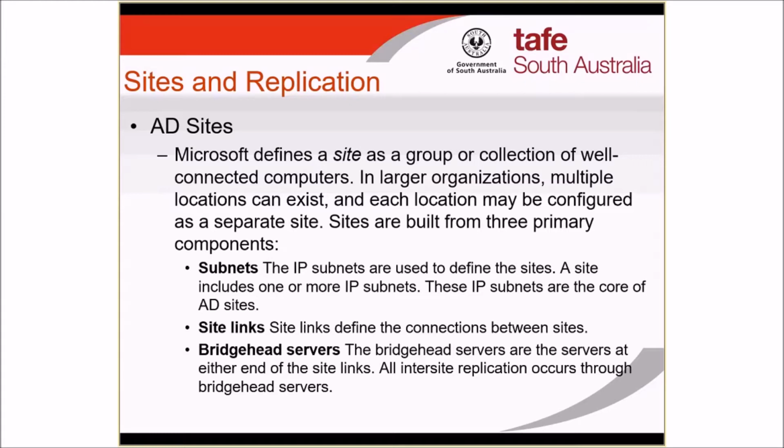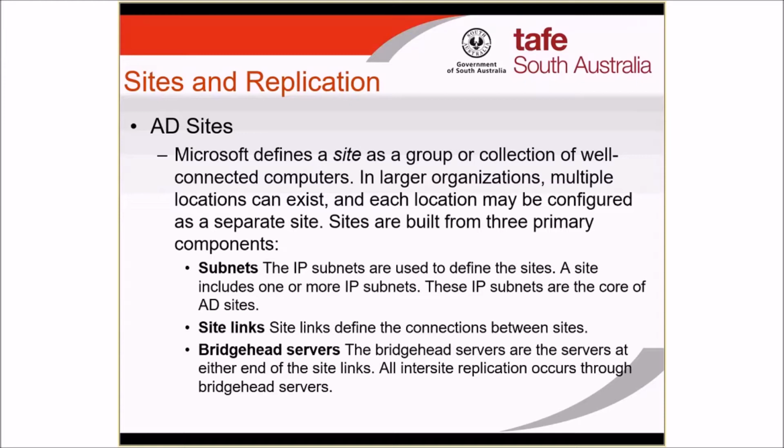Within the Adelaide campus, it's at least gigabit for the whole LAN, isn't it? But between sites, you have a slower connection, usually some sort of WAN connection. That might be ADSL, that might be satellite, that might be microwave, there might be all sorts of WAN type connections. So Microsoft defines a site as a group of well-connected computers.